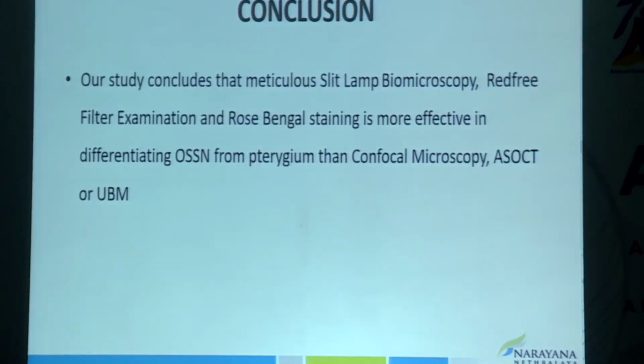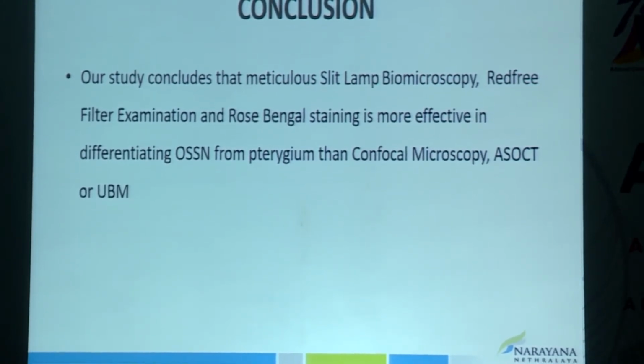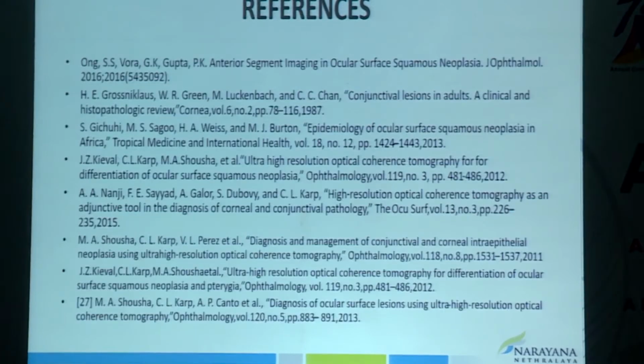So we concluded that meticulous slit lamp biomicroscopy, red-free filter examination and rose Bengal staining is more effective in differentiating OSSN from pterygium than confocal microscopy, anterior segment optical coherence tomography or ultrasound biomicroscopy. Here are my references. Thank you.